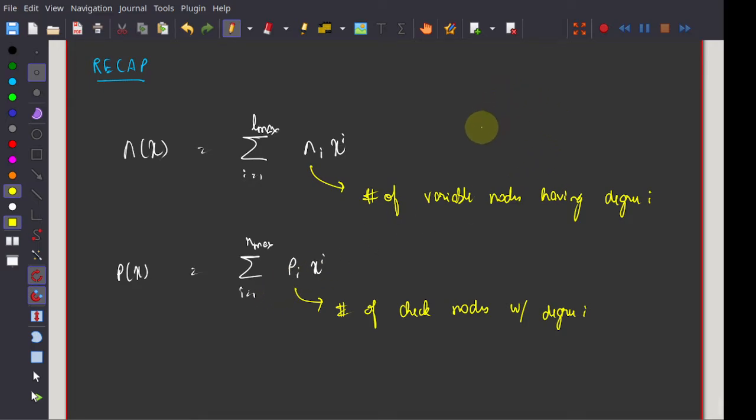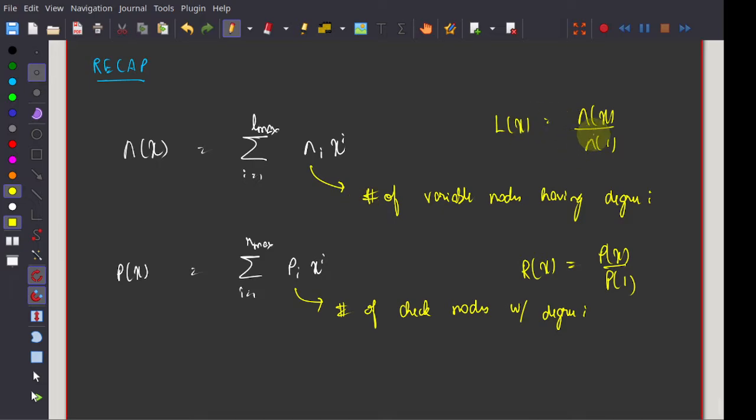And then we also saw the normalized degree distribution, which is L of x equal to lambda of x divided by lambda of 1, and R of x equal to P of x divided by P of 1. In going from lambda of x to L of x, we're removing some information.